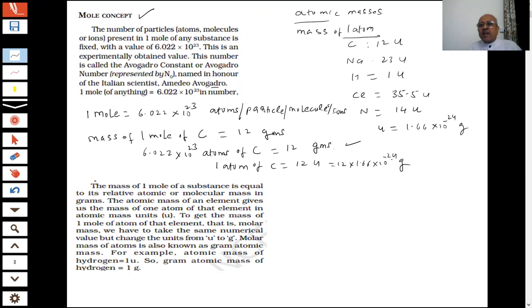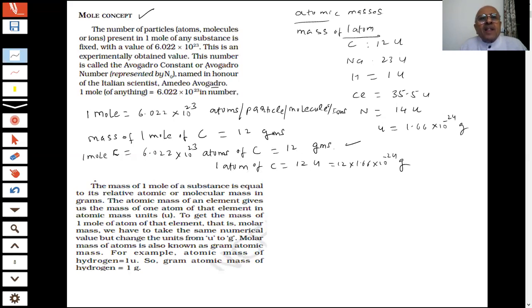This is a good number for me for calculations, because this is the mass of one atom, and this is the mass of 1 mole. In other words, students, 1 mole of carbon can be written as 12 grams, and for one atom of carbon, we are saying the mass is 12 U.